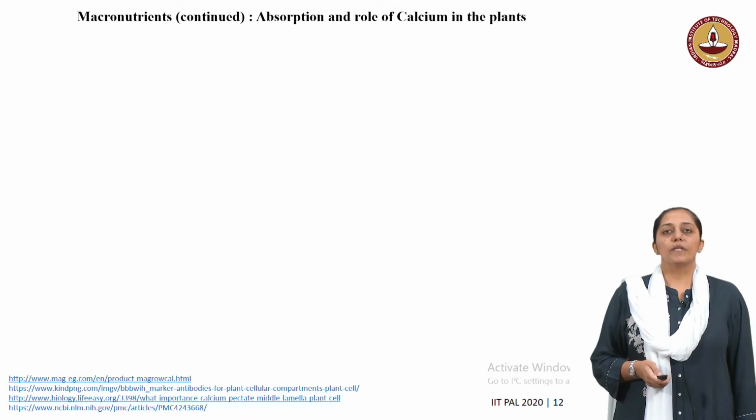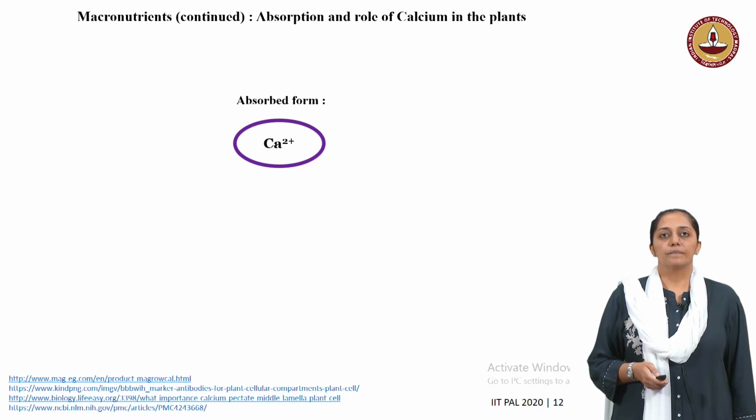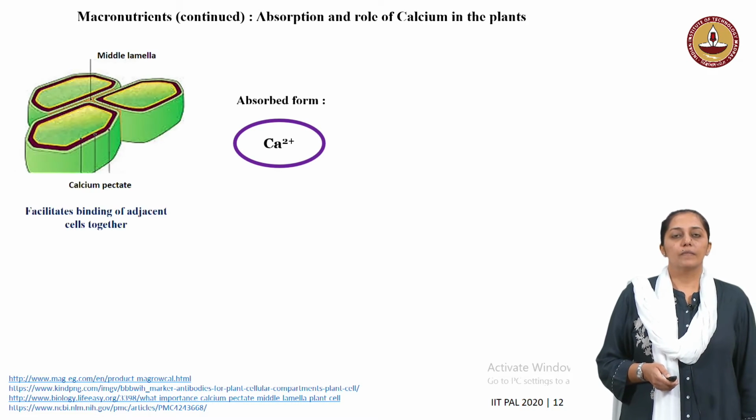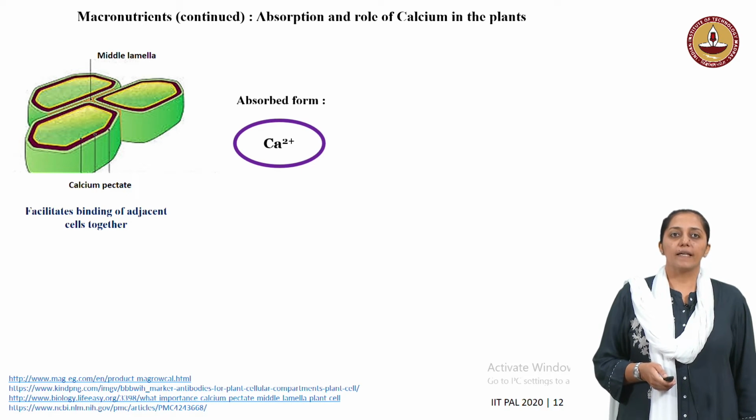Now talking about calcium absorption and role in plants. It is absorbed again in its ionic form. Calcium, in the form of calcium pectate, facilitates the binding of adjacent plant cells.